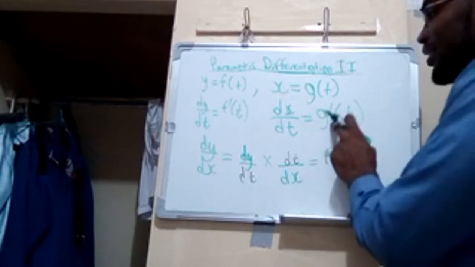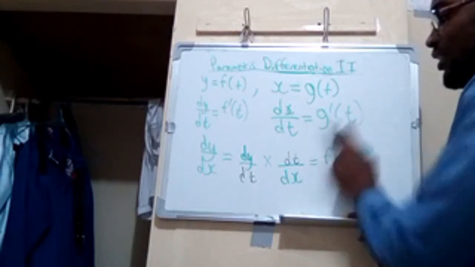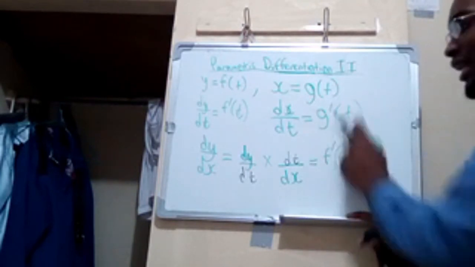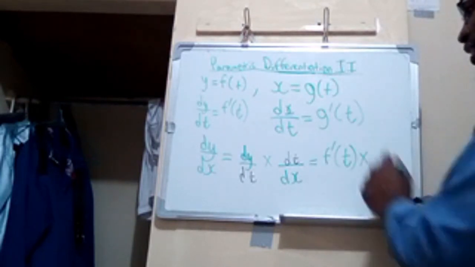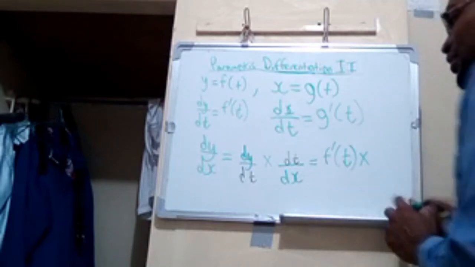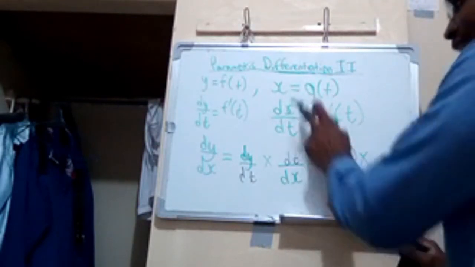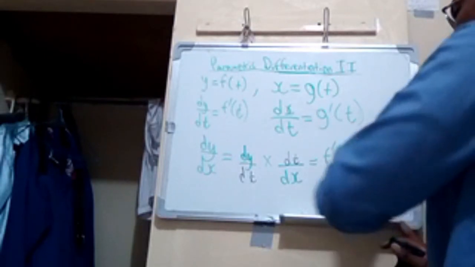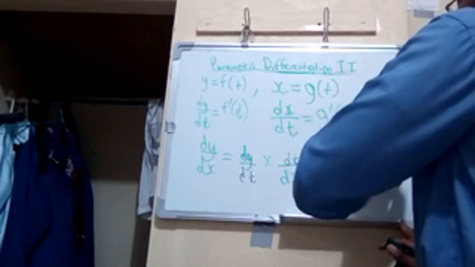dt by dx is g prime of t. Wait, dx by dt is g prime of t, so dt by dx is 1 over g prime of t.